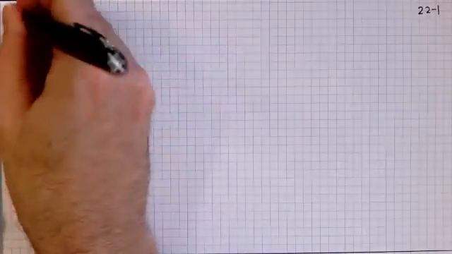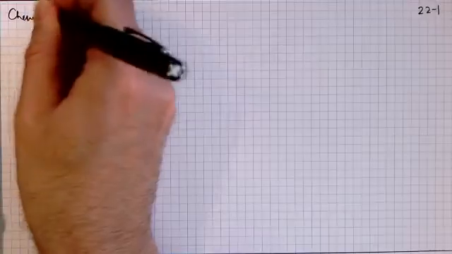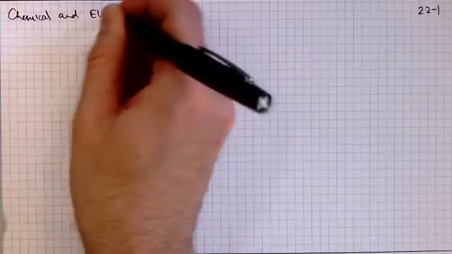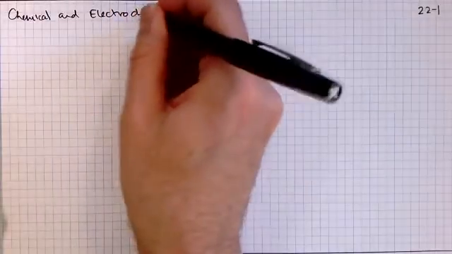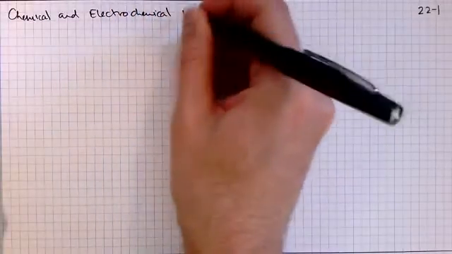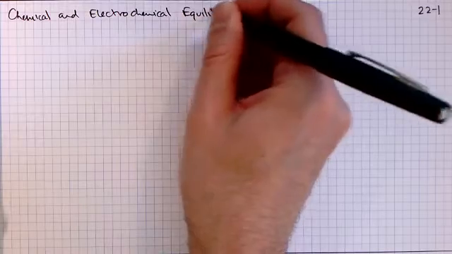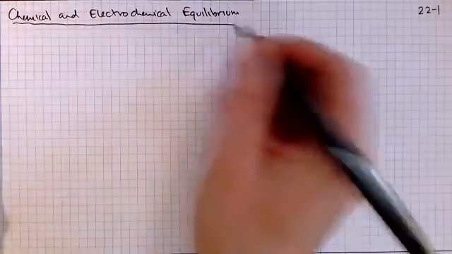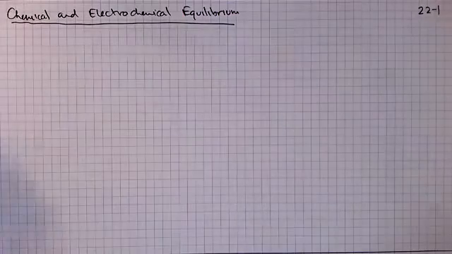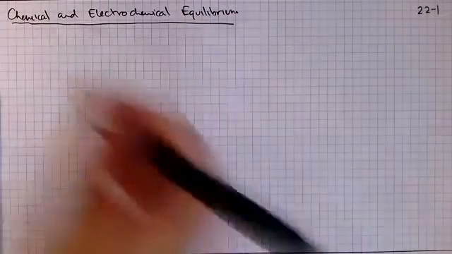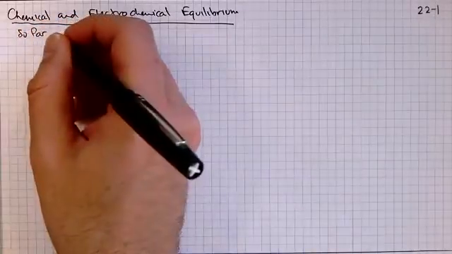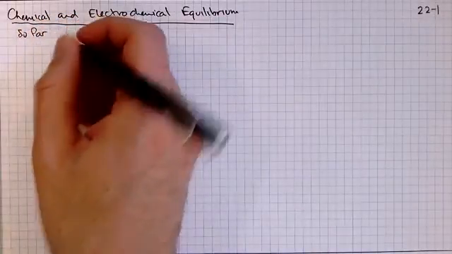Okay, the last topic we're going to talk about in the class is chemical and electrochemical equilibrium. And this differs from what we've been talking about so far, in that so far we've been considering mostly changes in phase.